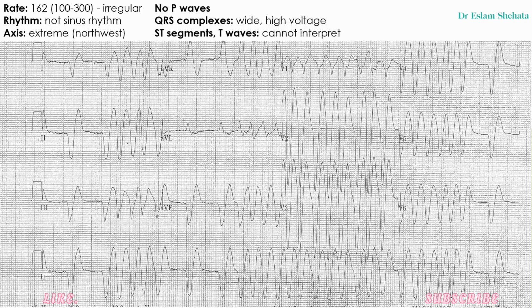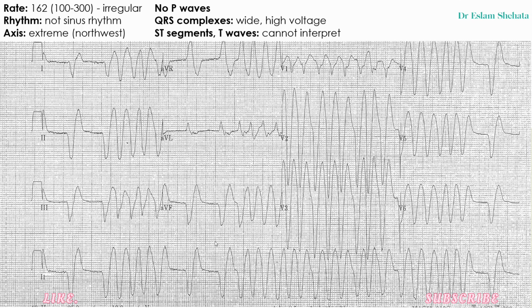There are no P waves, and that's useful because if you do have ventricular tachycardia, you do sometimes see P waves, and what you should see in a true ventricular tachycardia is that they have no relation to the QRS complexes. The atria are firing, but it's got no relation to what the ventricles are doing. You've got complete AV dissociation in ventricular tachycardia.